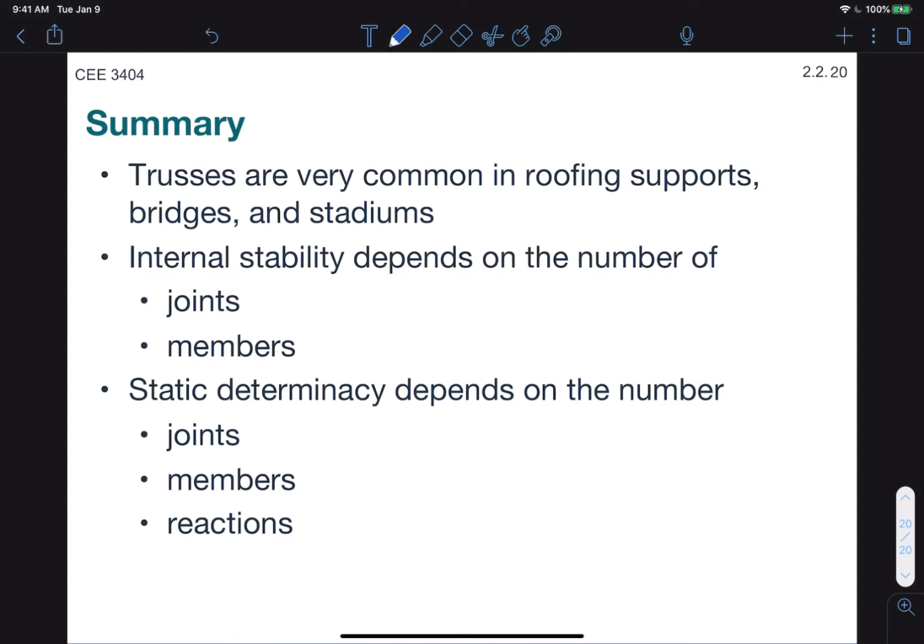And then we learned that internal stability will depend only on the geometry of the structure, so the joints and the members. And then static determinacy depends on joints and members, but it also depends on reactions. In other words, is the structure supported correctly as well?